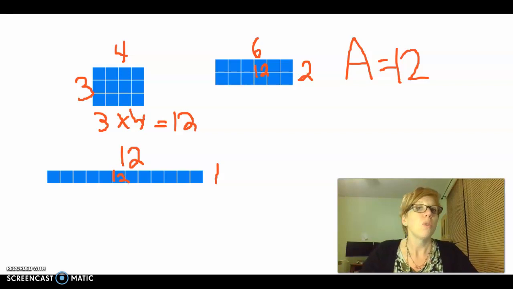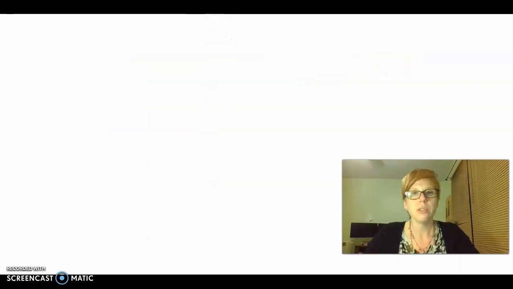Okay, let's do another one. I want you to now find a shape or many different shapes that have an area of 18 square units.